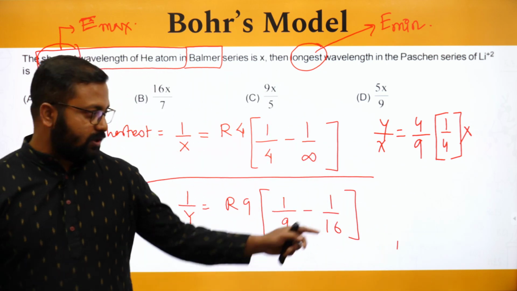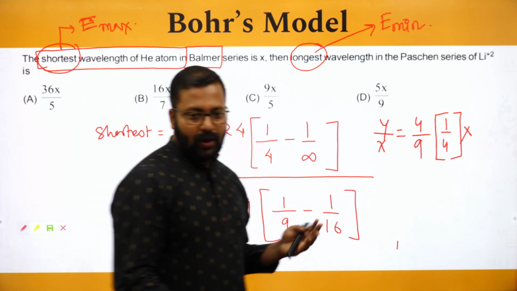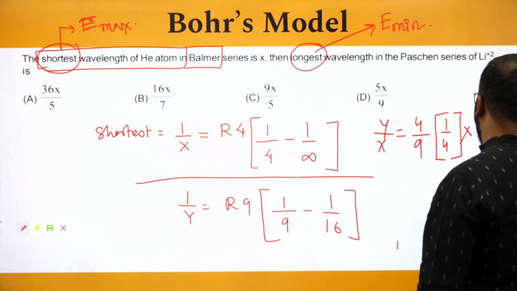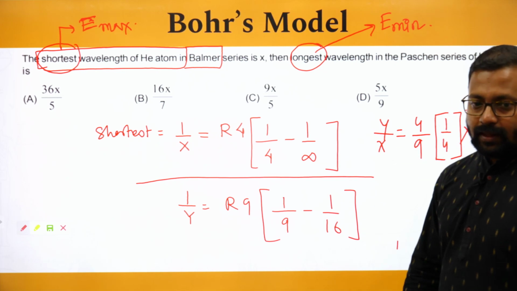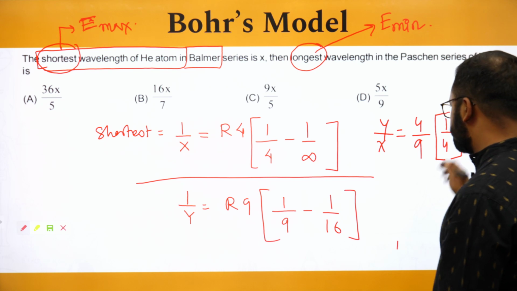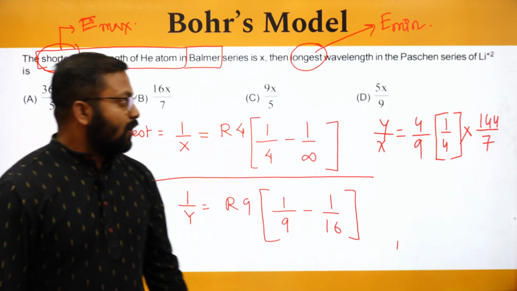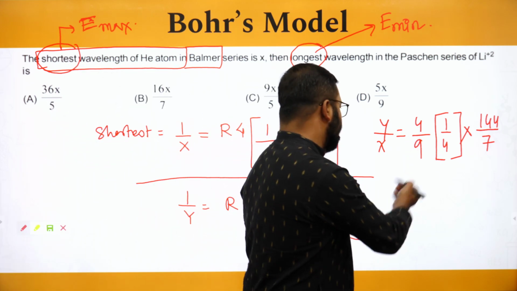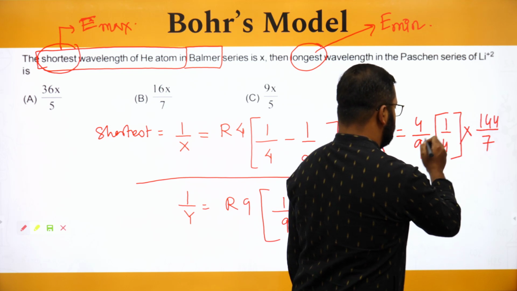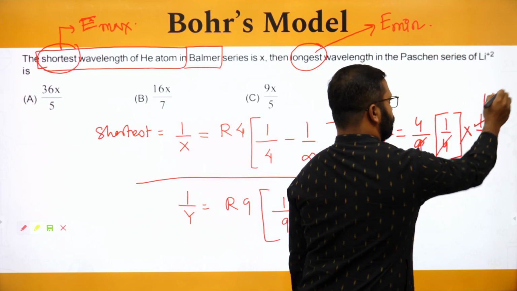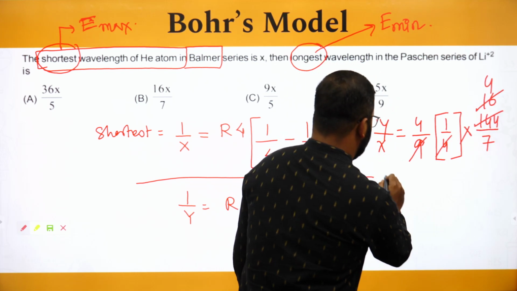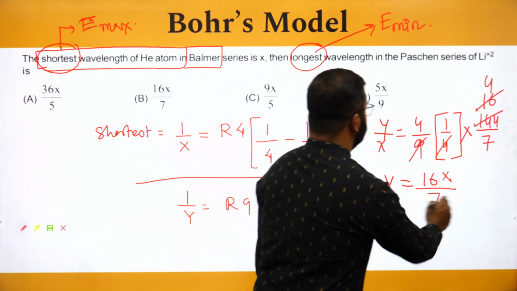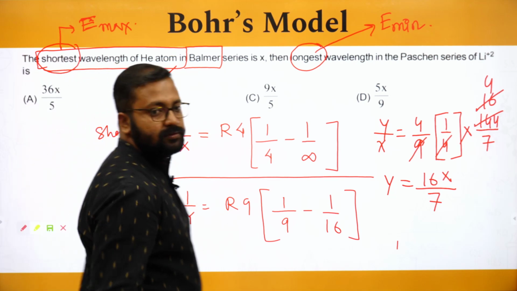It is 144. So this will be 7 by 144, and the answer will be 144 by 7. So I get y equal to 16x by 7. The answer should be B.